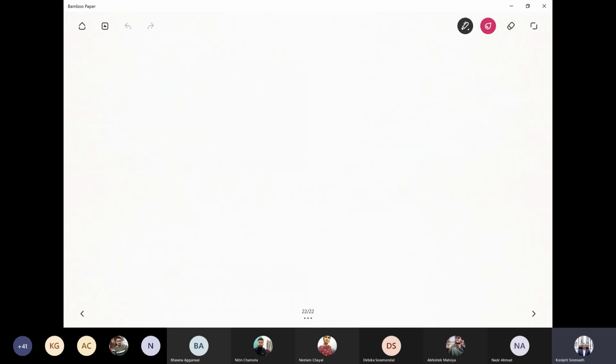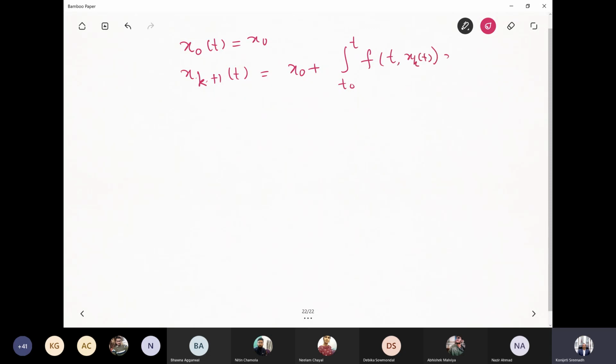We'll show the existence of x as the limit of the x_k's. Let me write x_{k+1}(t) equals x0 plus the integral from t0 to t of f(s, x_k(s)) ds, where s is a dummy variable.